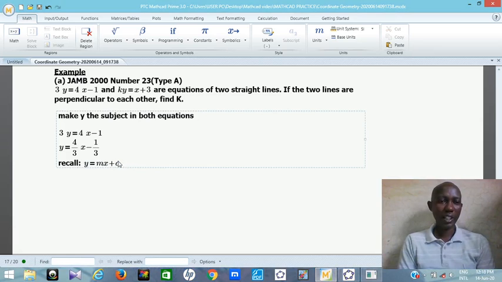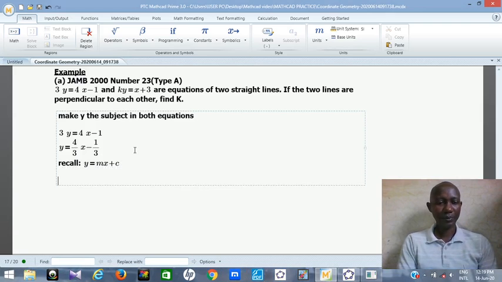And remember what we said then? We said m is the gradient, then c is the y-intercept. So in this equation, when you compare this equation to this, you see that the gradient m equals 4 over 3 in this first equation. So just take note of that.